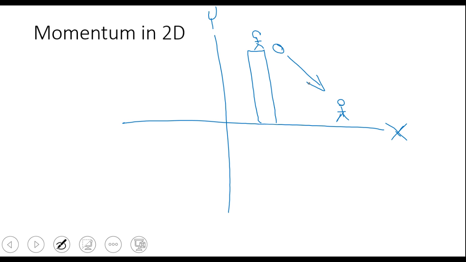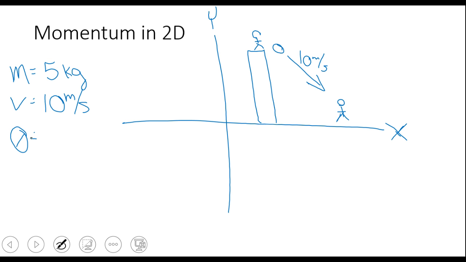These water balloons have masses and velocities, but they're not acting perfectly in the x direction or perfectly in the y direction. Let's say that each water balloon has a mass of 5 kilograms. They're big water balloons. And this person is hurling them with an initial velocity of 10 meters per second, at an angle theta of 20 degrees down.